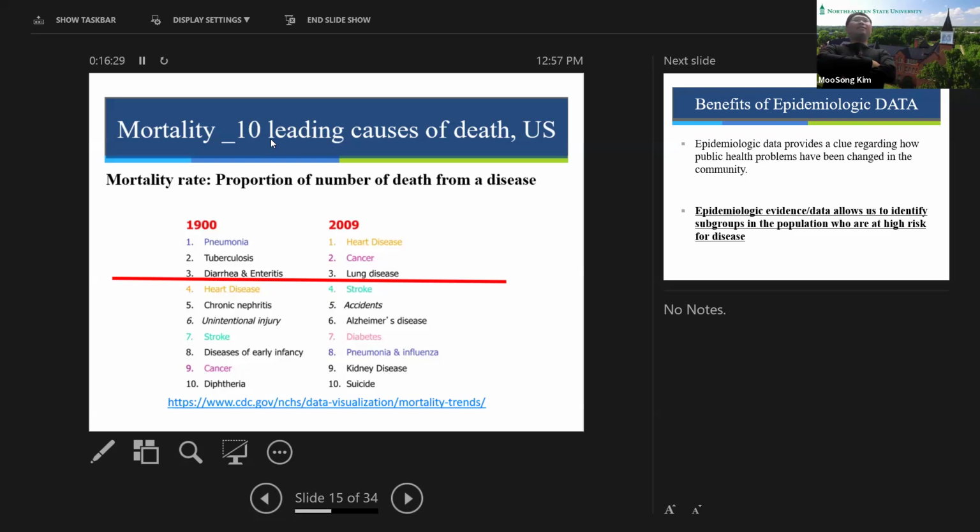This data is the death rate data, okay? So mortality data. What kind of public health problem patterns did you guys find?